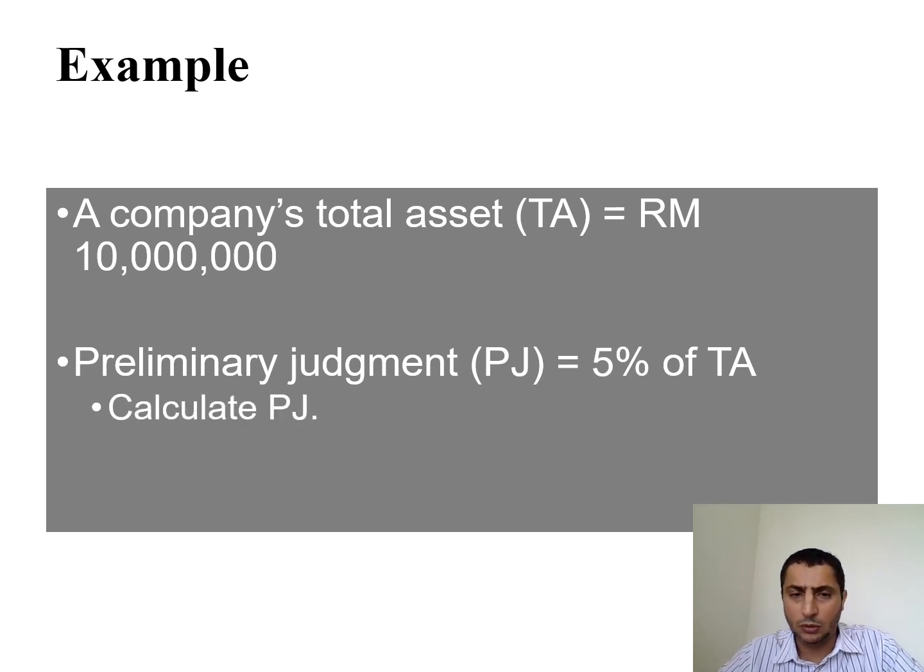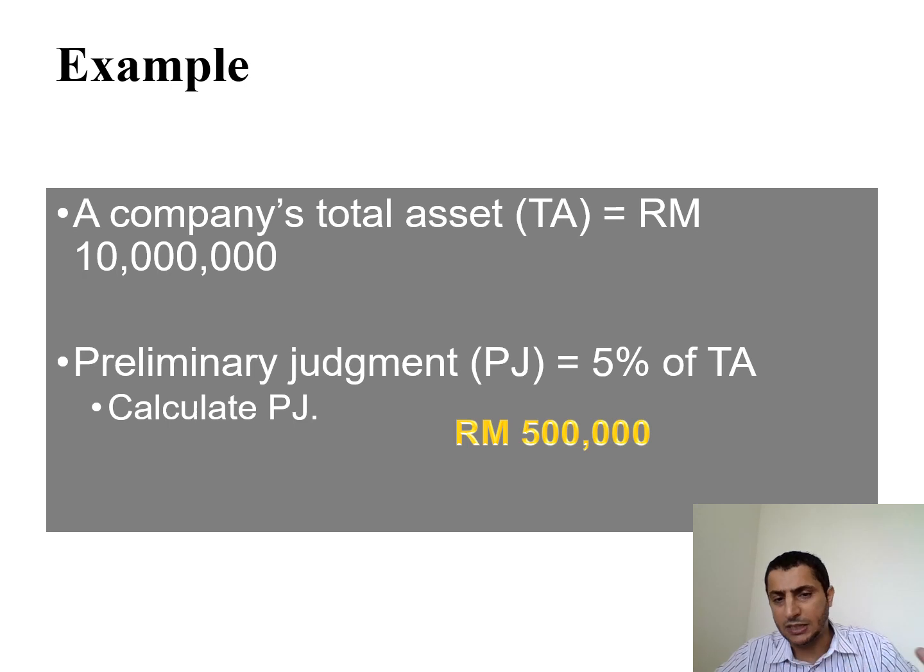So we calculate the preliminary material judgment to be 500,000. If the total assets misstatement found in the process of auditing is less than 500,000, it will be immaterial. If it is equal or more, then the auditor will consider it a material misstatement.